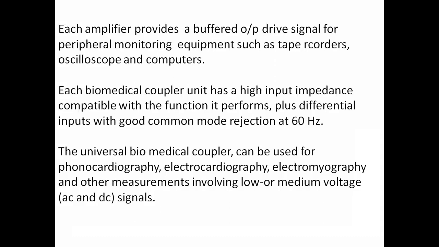For that it will offer a high input impedance, and the common mode rejection ratio should be high. So common mode signals should be rejected at 60 Hz. Having a differential input with a good common mode rejection ratio at 60 Hz should be there. Like that, the coupler will be designed.